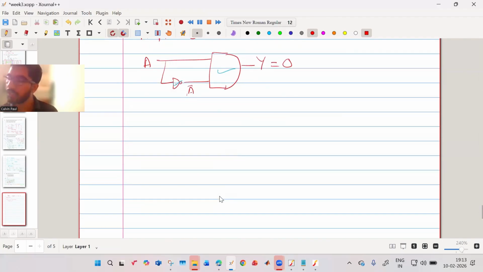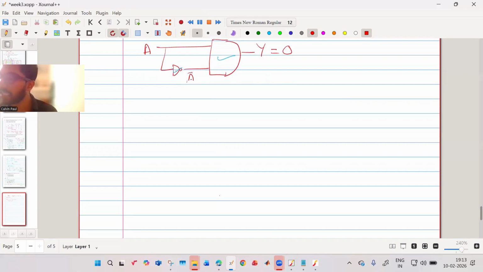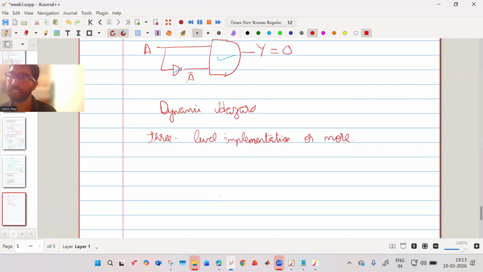Okay, now there's something known as a dynamic hazard. And this occurs when there is a three-level implementation or more. Okay, it is not just two levels.